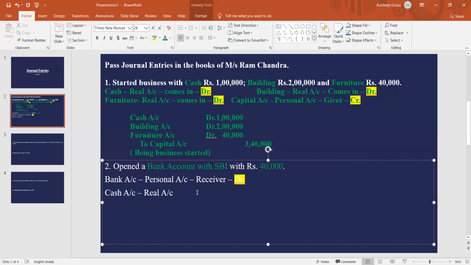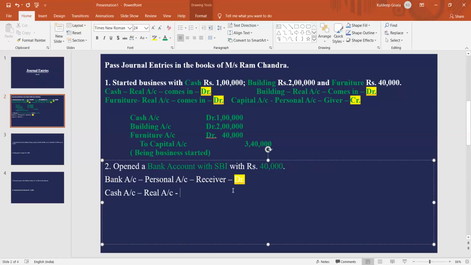Now after that, the next one is cash. Cash is a real account, and the rule for real account is: debit what comes in, credit what goes out. That means you have to find out whether cash is coming in or going out.